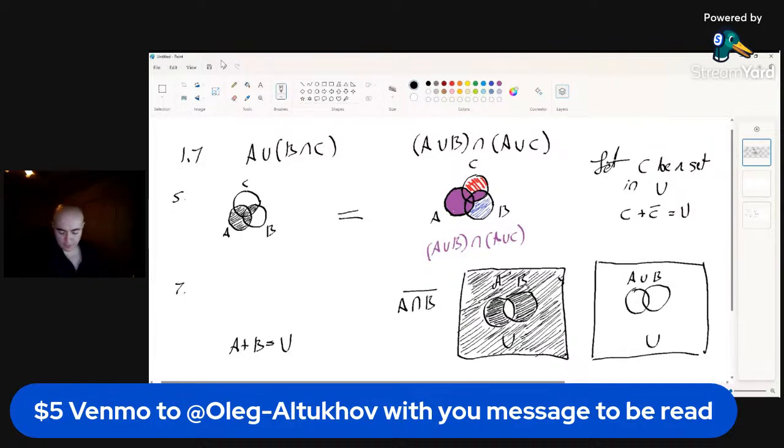Draw Venn diagrams for the component of A union B, and component A intersects with component B. So what is the component of A as the universe? Which is outside of A. The component is anything that's not in A, and the component of B is anything that's not in B.